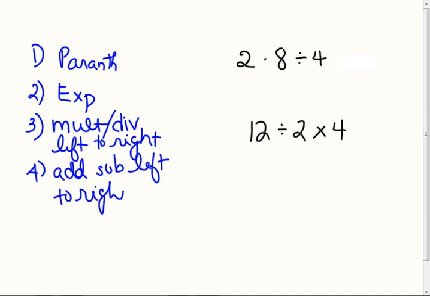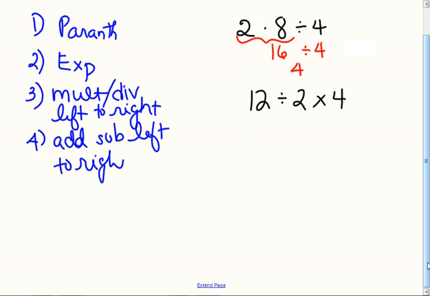This is where you have the multiplication and division mixed up. This is the toughest one, but I go left to right. So I have to do these two first. What's 2 times 8? 16. Then divided by 4. And by the way, this is exactly how I would show my work. And that would be 4. Some people might want to take the 8 divided by 4 first, but that would be wrong, even though it works out.